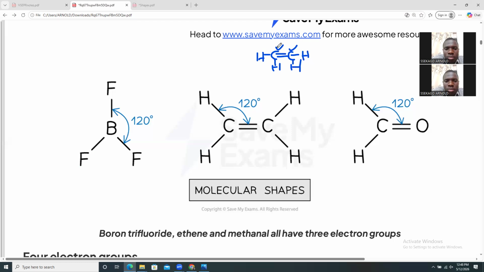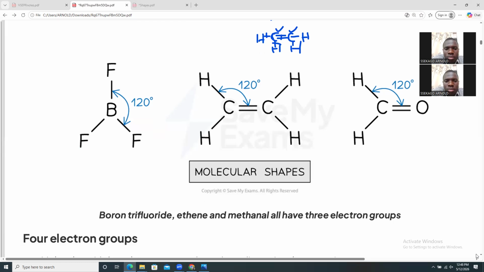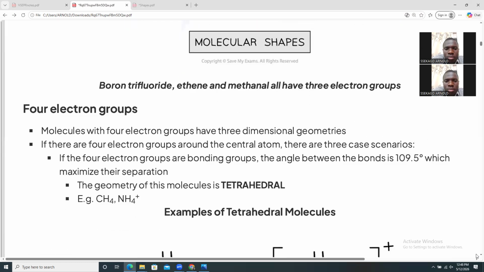Both of them are surrounded by electronic groups. This carbon has a single bond here, a single bond here, and a double bond here. The double bond is 1 electronic group, so that makes a total of 3 electronic groups surrounding this carbon. The same applies to the other carbon. So that type of geometry is trigonal planar. Then this is methanol. Maybe those in senior 6 know what it is.